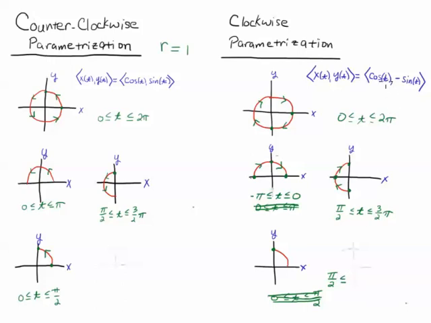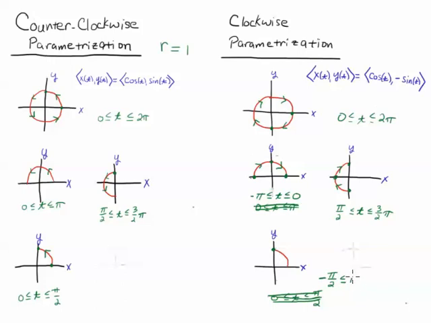Because the cosine of pi over 2 is 0, and the sine of pi over 2 is 1, but that would be minus 1, so that puts us down here. So if we make that minus pi over 2, that'll work, because then sine of minus pi over 2 is minus 1, and minus minus 1 gives us a 1.